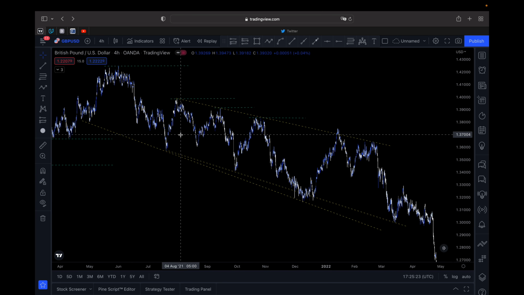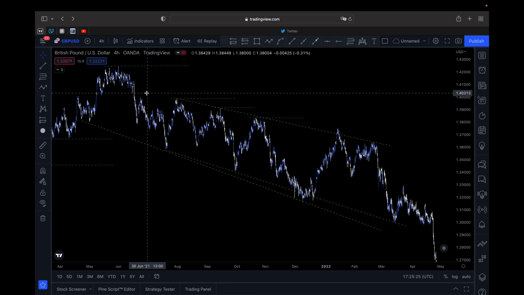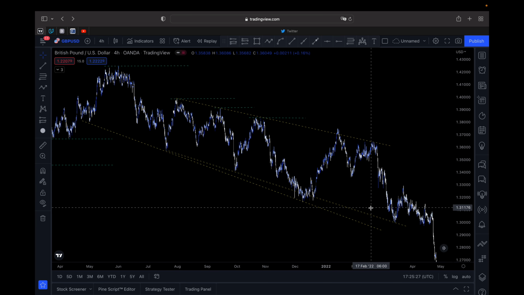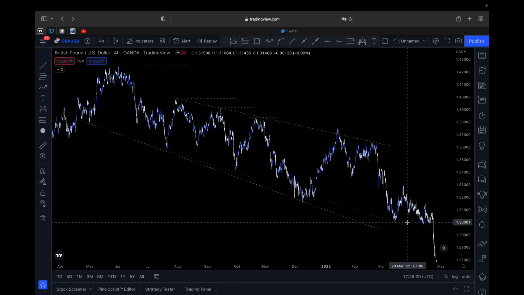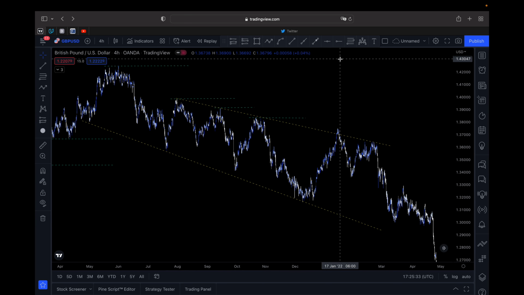But I will explain everything that happened from this place to this place to you guys, because this is exactly what I'm looking for. Now you have to note that a trendline is not 100%. There are other factors you look for before taking your entry, and you don't expect to see a trendline every time you open your charts.